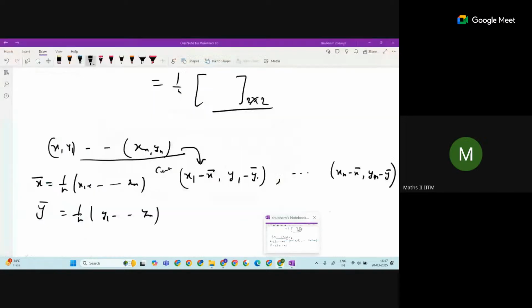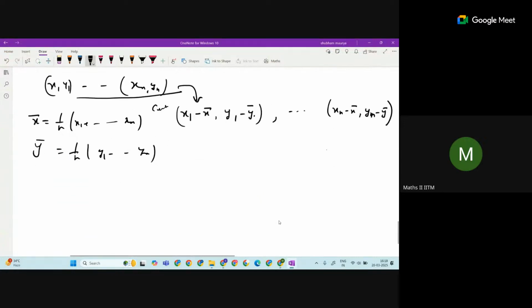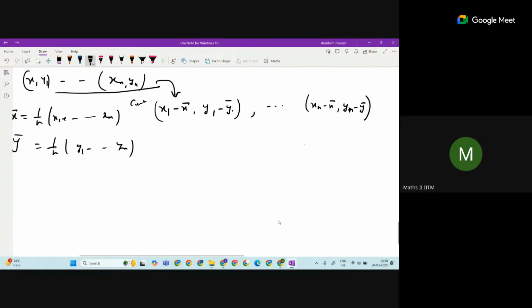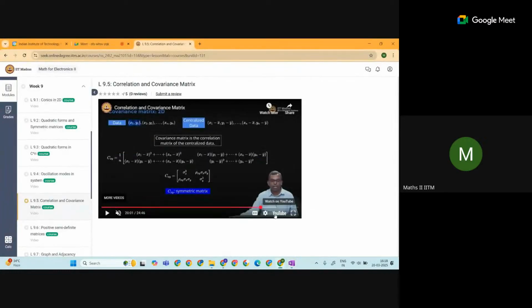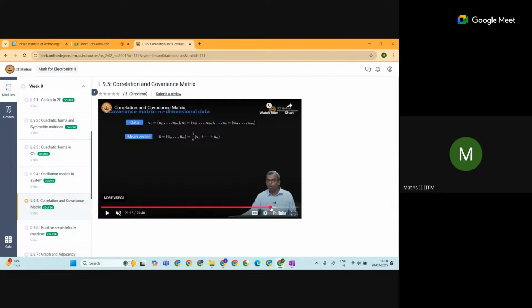What I mean to say is the covariance matrix is going to be, or there is a different method also. I think the professor wrote the formula somewhere. Yeah, here it is, the covariance matrix. This is the updated one. Let's use this one; no need to remember how it is.